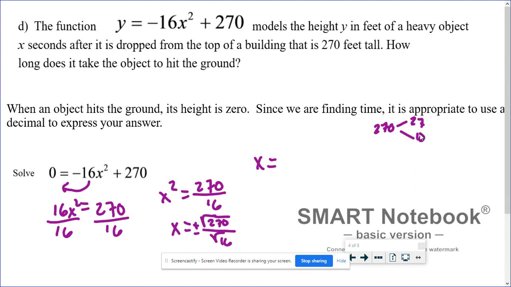And actually, that's not the way you do it, because 27 is not a square number. It's a cube number. Hold on. I guess we'll split it into 9 and 30. So that'll end up being 3 square root 30 over, and then square root of 16 is 4. And it would be plus or minus.